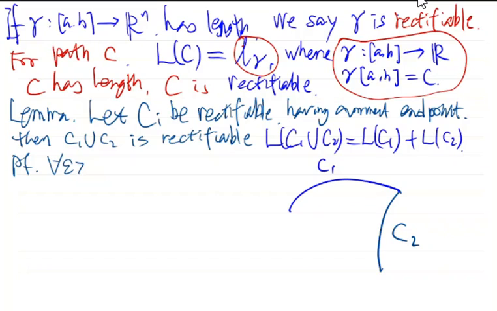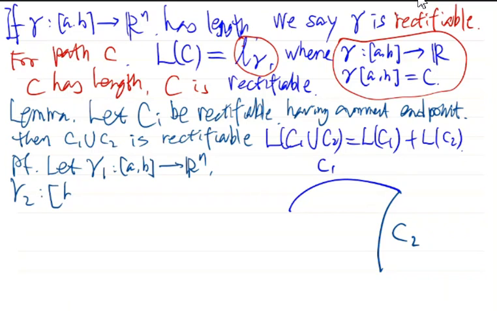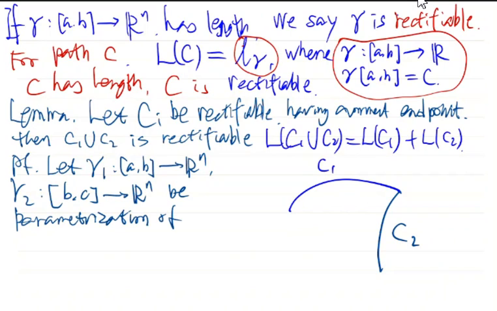Sorry, we need to choose a parametrization first. Let gamma 1 from AB to Rn, gamma 2 from BC to Rn be parametrizations of our curve, of C1 and C2 respectively.